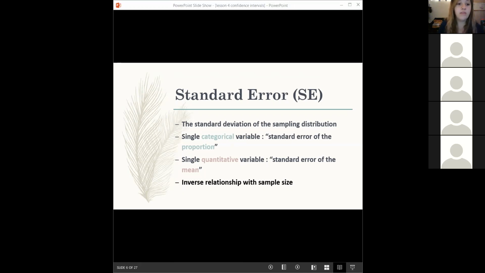Also keep in mind, if our sampling distribution is conducted using data from a population, then the mean of the sampling distribution will be approximately equal to that population parameter, if it's a representative sample. Okay.